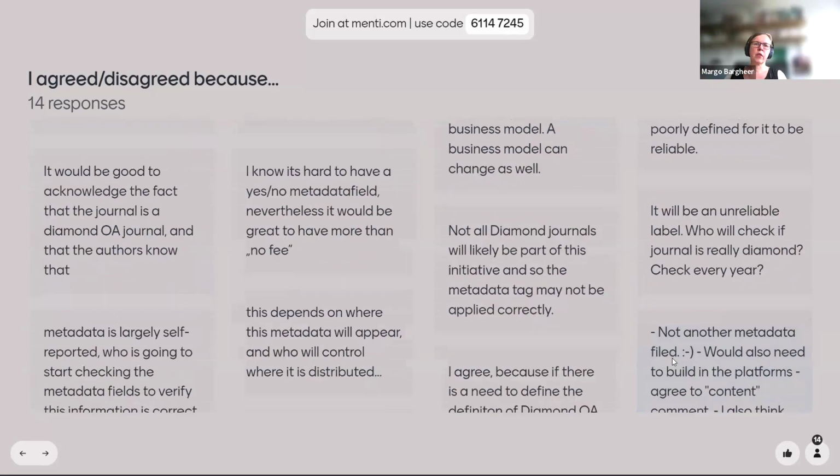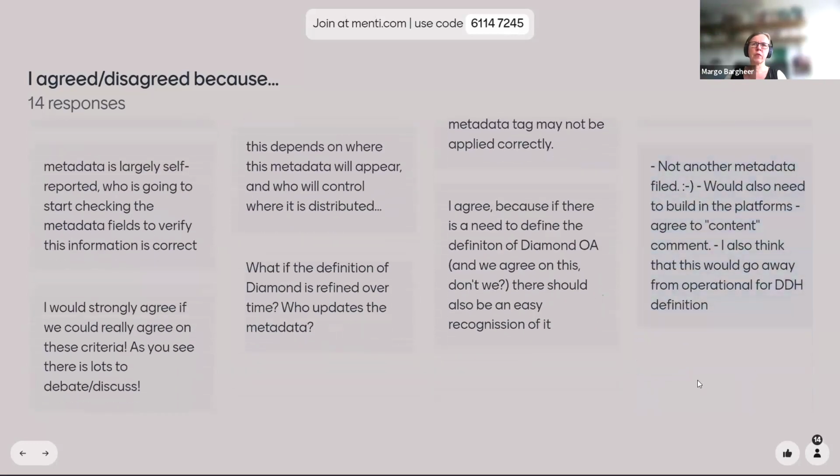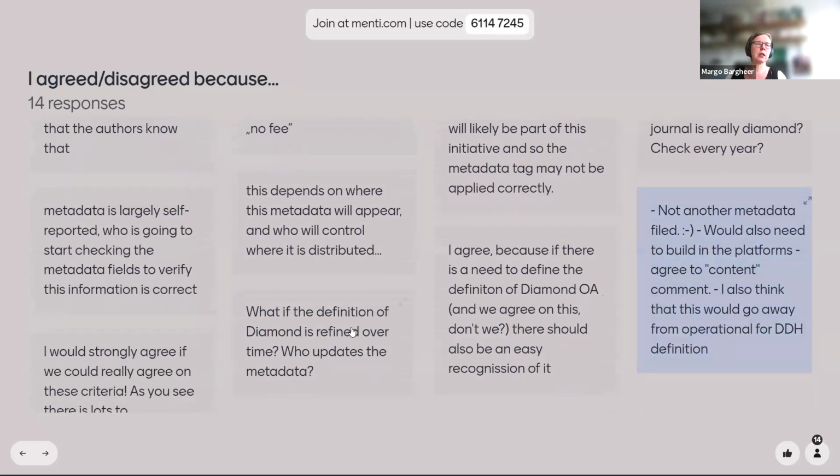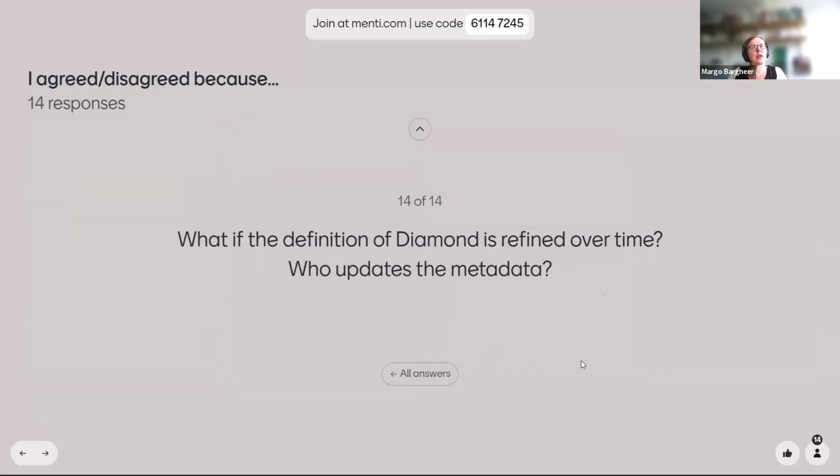So there is one very important comment. What if the definition of diamond is refined over time? Who updates the data? This is definitely one of the huge challenges, because when it comes to open access, we have agreed concepts: it's freely available and it has licenses that state this, defined in the licensing field.